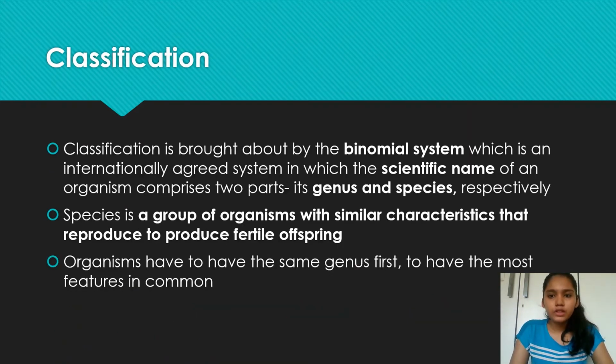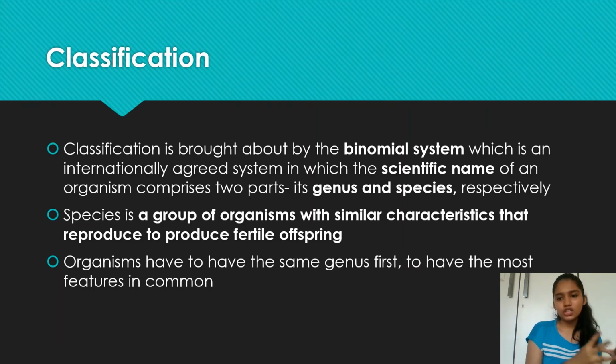Okay. So now we have means of classification. Classification is brought about by the binomial system, which is an internationally agreed system in which the scientific name of an organism comprises two parts, its genus and species, respectively. So this is also pretty easy. You just need to know the definition of the binomial system.